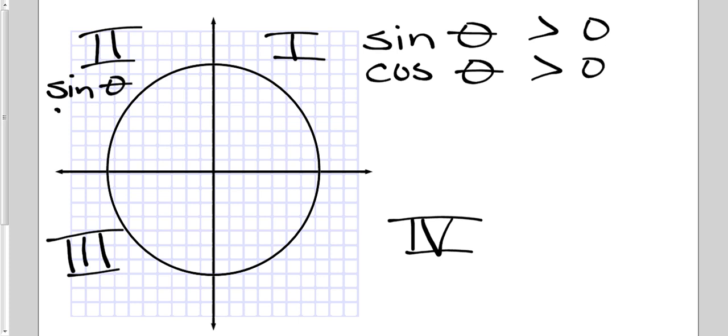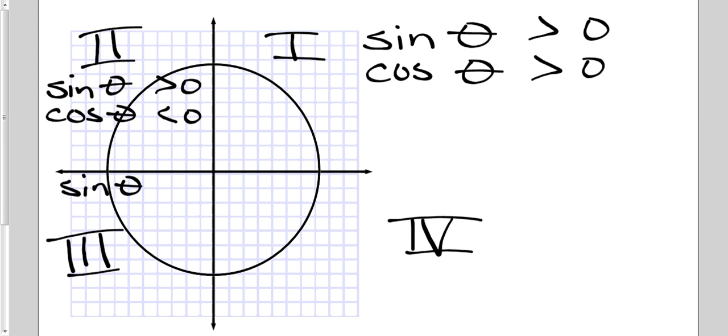Are my sines positive or negative? Sines are my y's, so that's up, down, right? So my sines are greater than 0. My cosine is left, right, so less than 0. What about quadrant 3? Both are negative. Why? Because all my x's and y's are negative in the third quadrant.